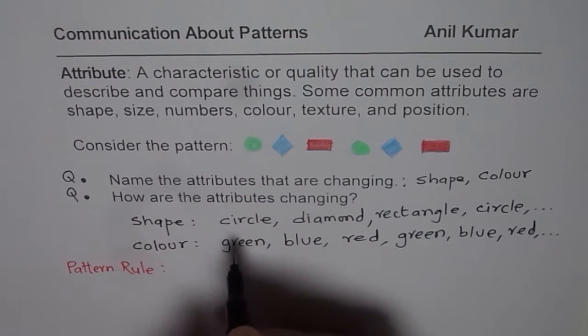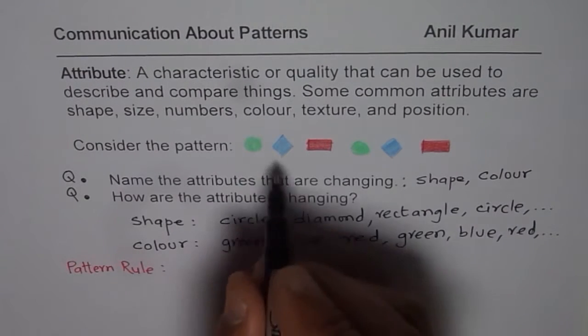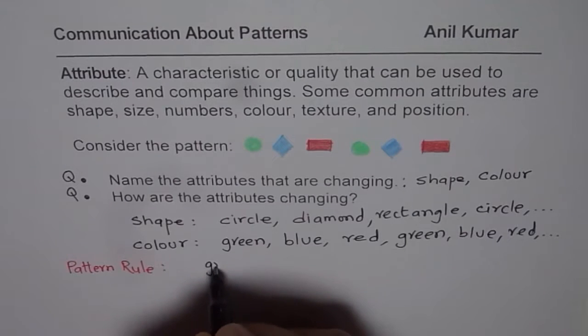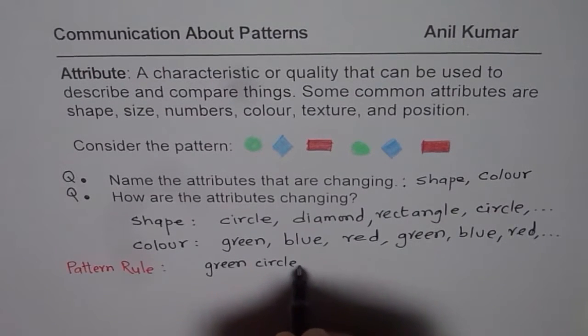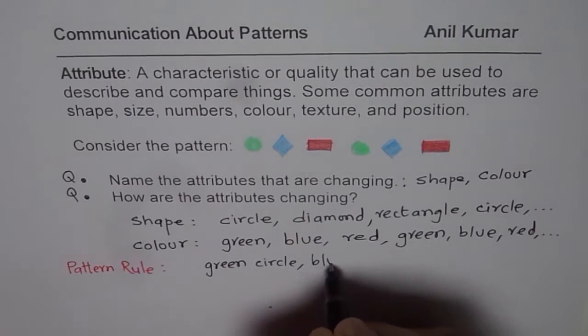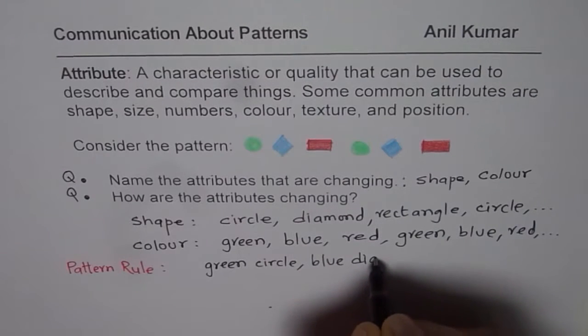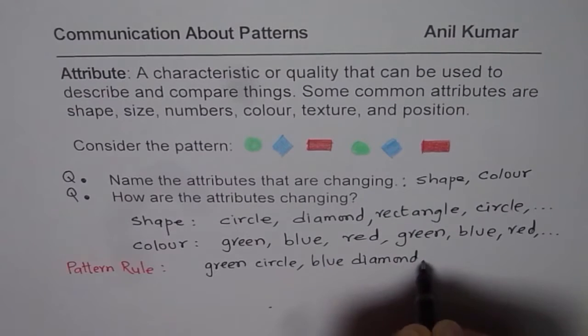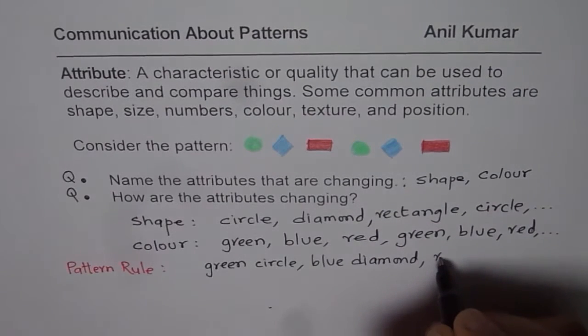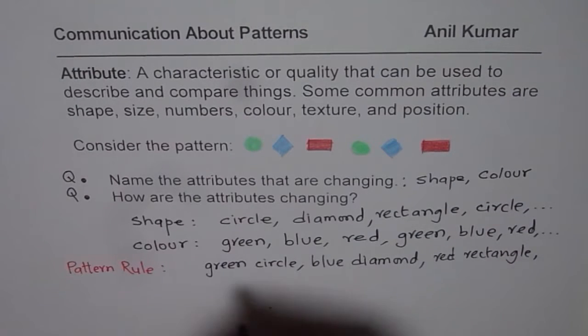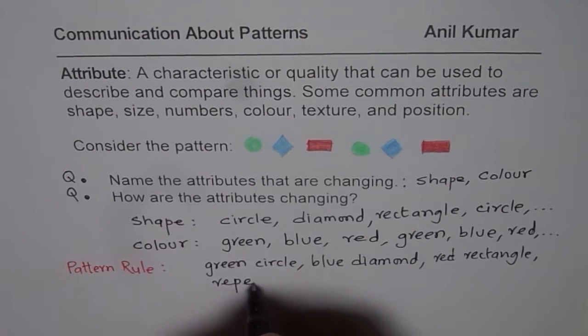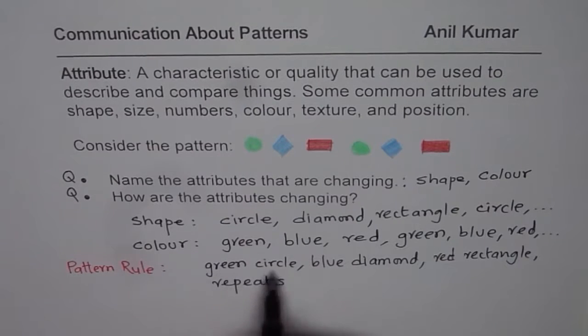So the pattern rule here is green circle, blue diamond, red rectangle, repeats. So green circle, blue diamond, red rectangle repeats.